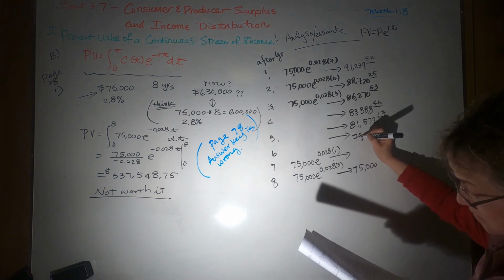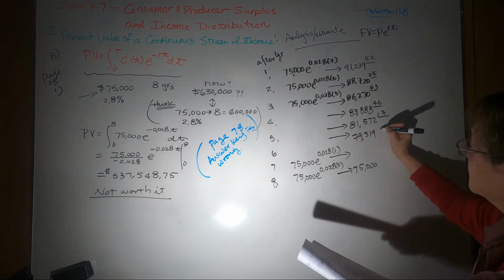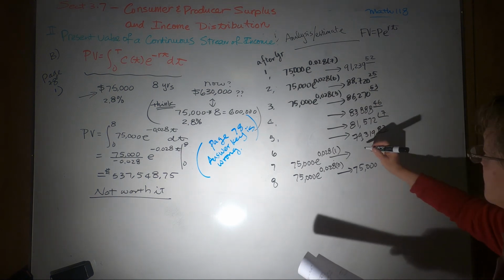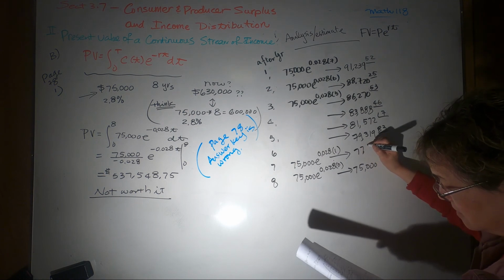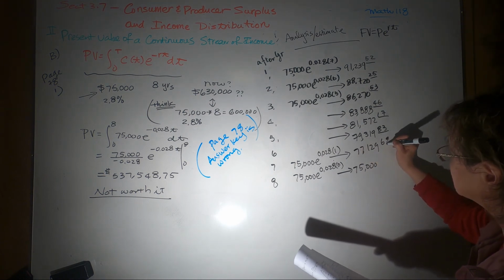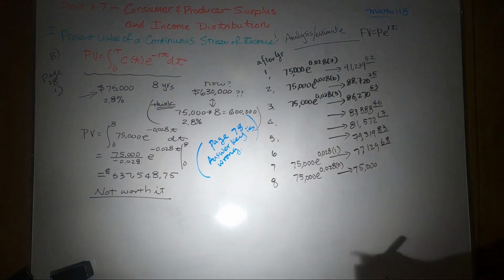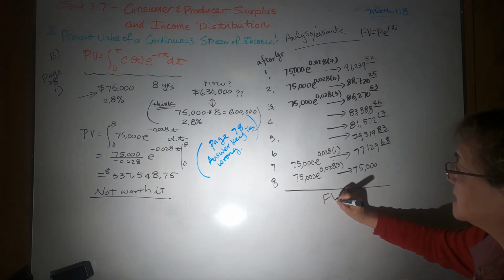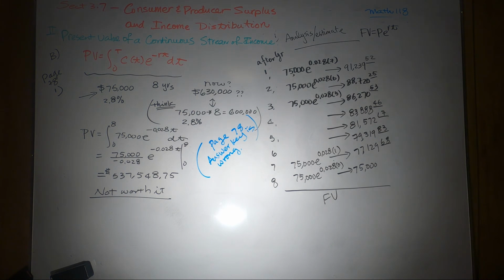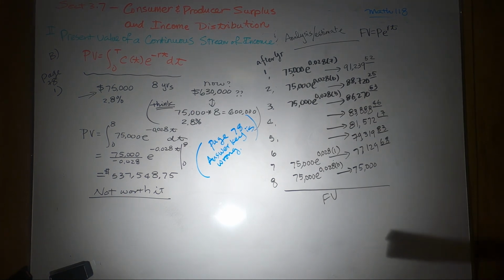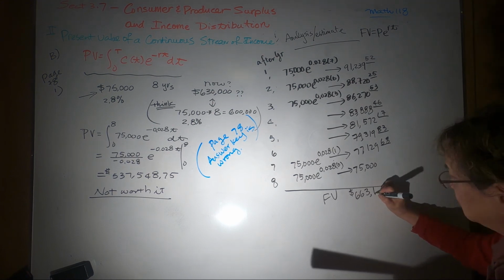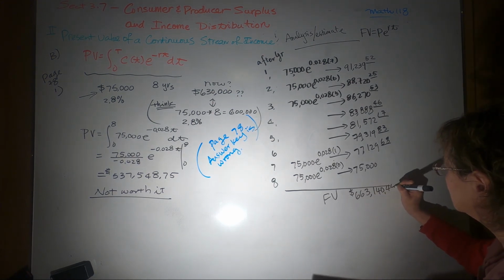It's sometimes a little bit tedious, but the money world is that way. So that's 77,129.68. When I add all this up, I say if I think this way, my future value would be about $663,140.44.